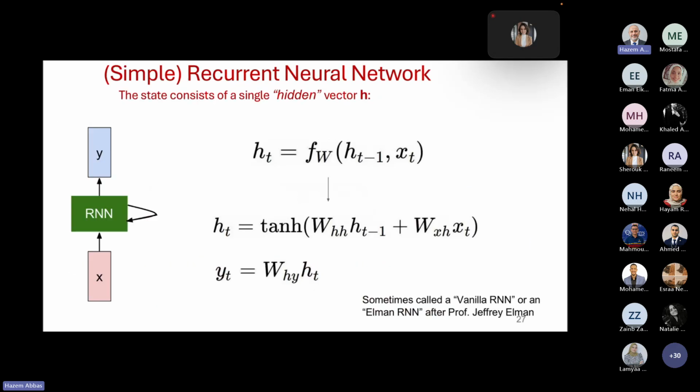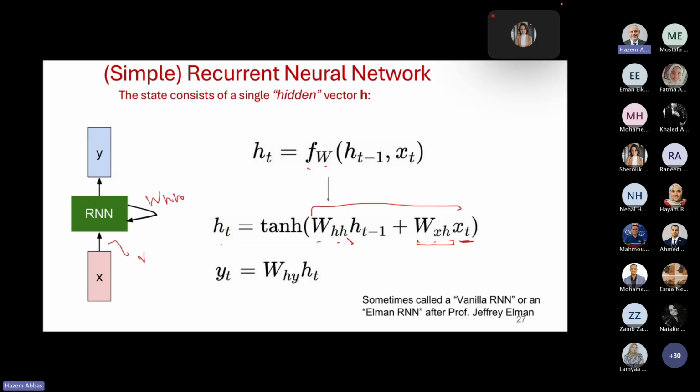So let us be more specific. Let us say that this f_w will be converted to this. h_t, we're doing this transformation. Remember that in the feed-forward network, it is input x_t multiplied by the weight matrix from x to h. But here we're going to add another matrix, W_hh.